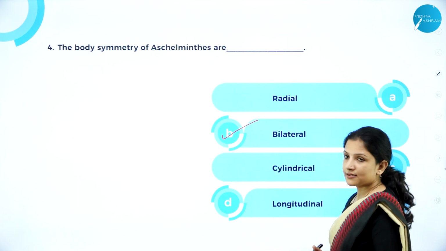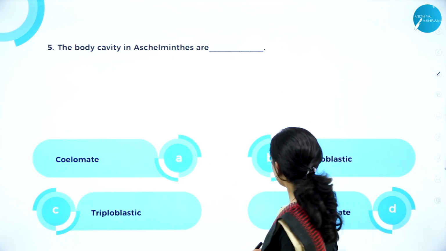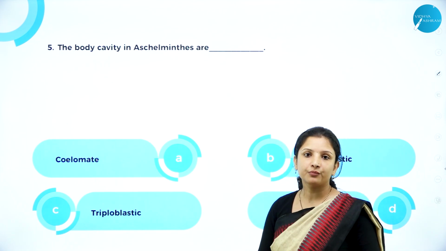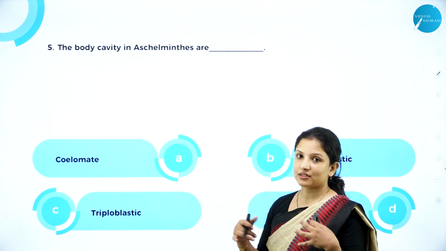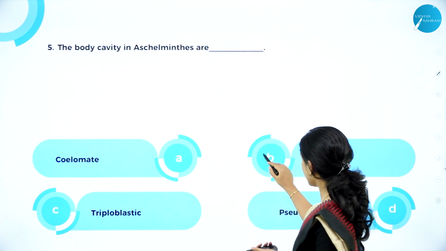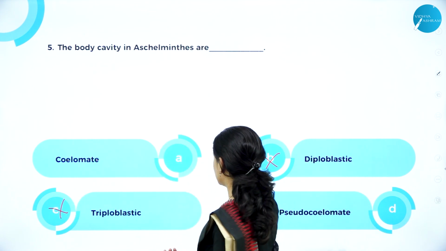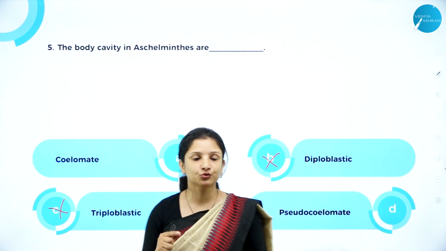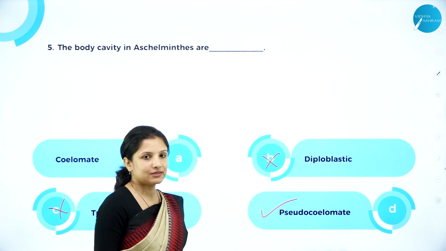The body cavity in Aschelminths is coelomate, diploblastic, triploblastic, or pseudocoelomate? Coelom is nothing but body cavity, so we can eliminate two answers and look at coelomate and pseudocoelomate. They have a false coelom, so they are pseudocoelomate. Therefore, the answer is D.